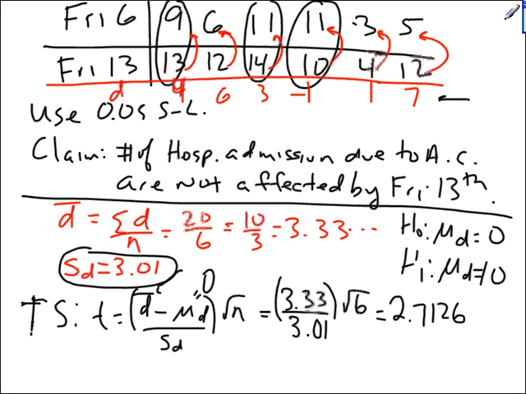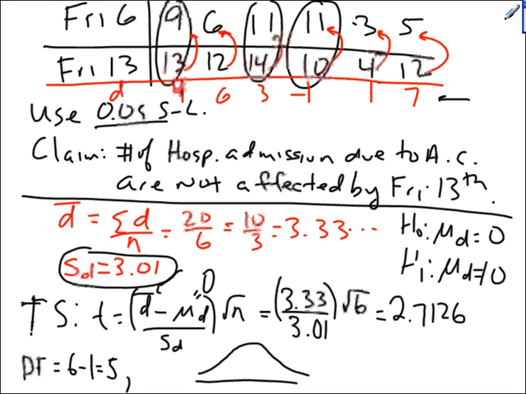Now let's find out what the critical t is. We know that the degrees of freedom is N minus 1, which is 5. This is a two-tailed test, and we want to use a 5% significance level. That means each tail gets 0.025.